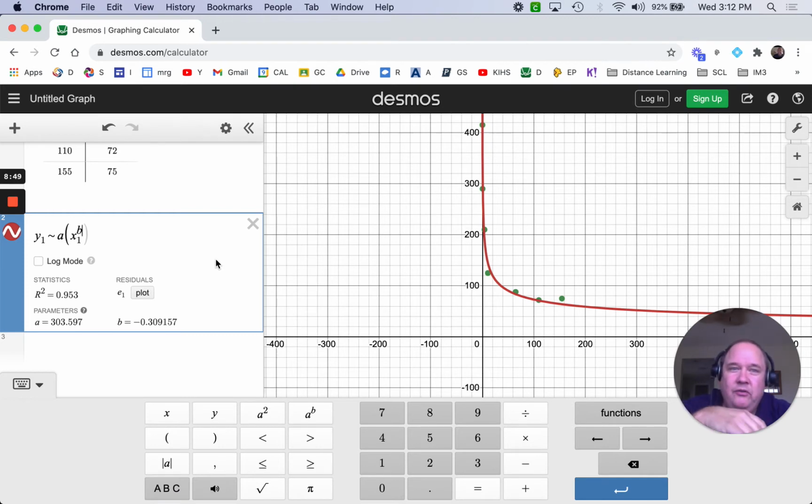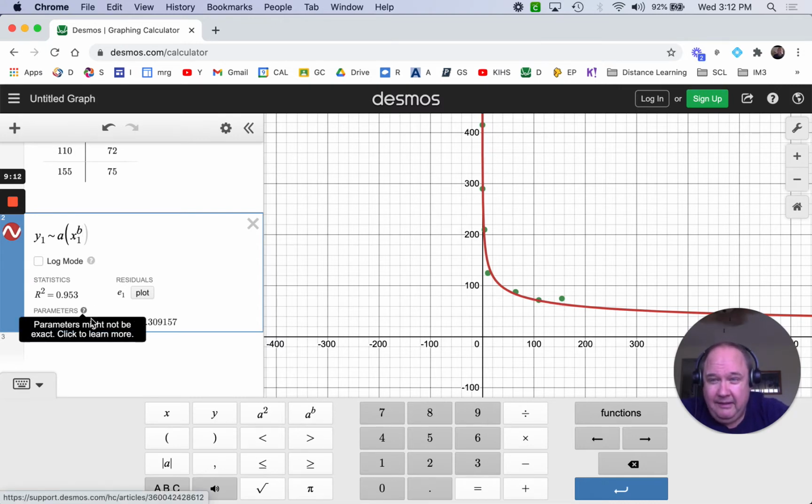So it's not as strong a correlation as the other one, but you can see it definitely goes through some green points. There's a couple points that are a little bit off. Part of the reason is the last data point, the heartbeat went up, even though the weight went up. Heartbeat didn't keep going down for the last one. But anyways, there's something that models the points that we have. I'm going to write it down. So 0.953 is still close to 1.